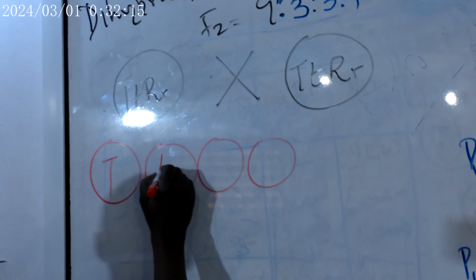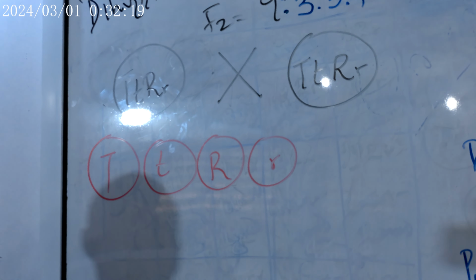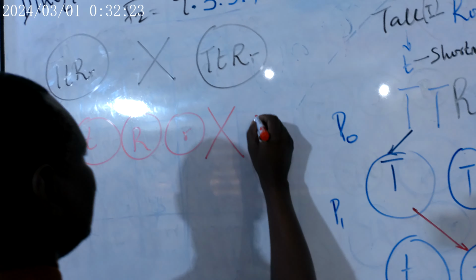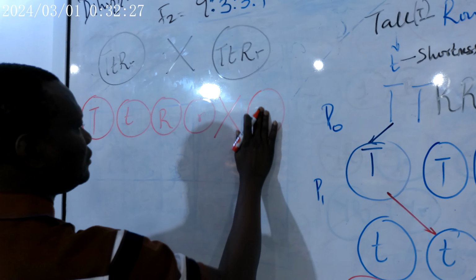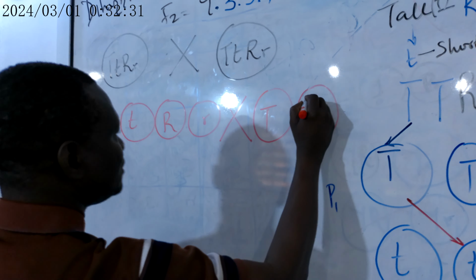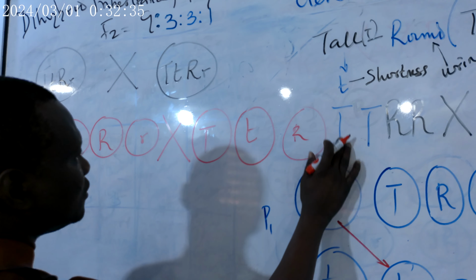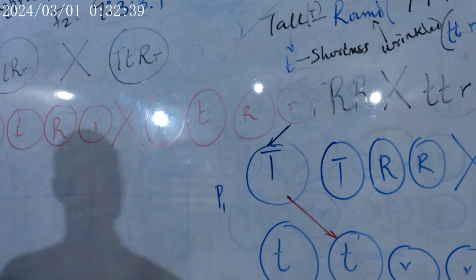So T, R, and the same thing will be repeated. Going to be T, this is another T, this R, then this one too, small letter r.